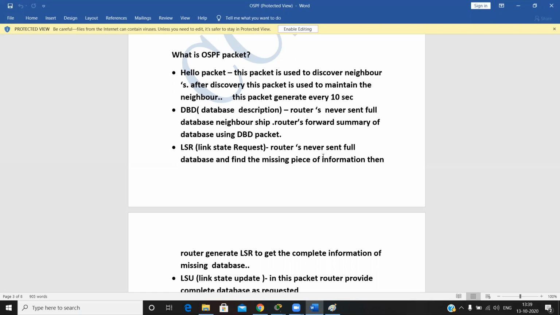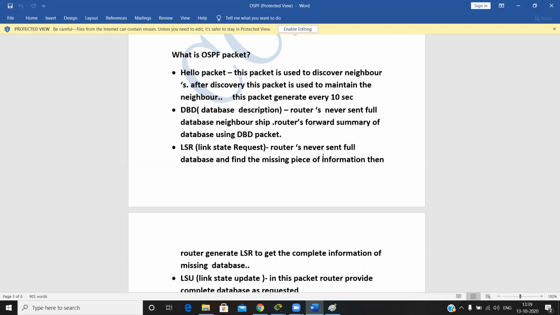And after that I can also say I'm Ankit from Craw Security, I'm a network trainer. It means I only send a summary of my introduction. The first time you meet someone, you only send a summary of the introduction. Just like this, OSPF sends only a summary of the database. It does not send the full database.